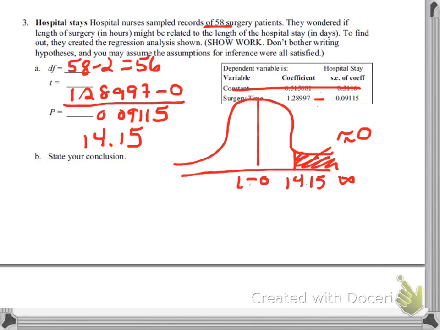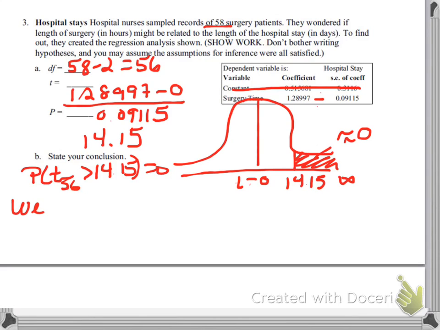You press paste. And what do I get? I get 1.97 to the negative 20th. 19 zeros. That is pretty darn close to 0, all right? So the p-value is roughly 0. So the probability that t of 56 is greater than 14.15 is equal to 0.